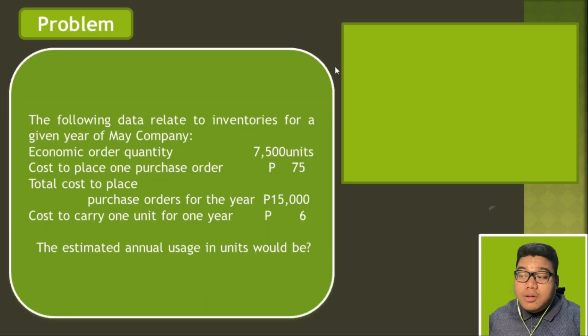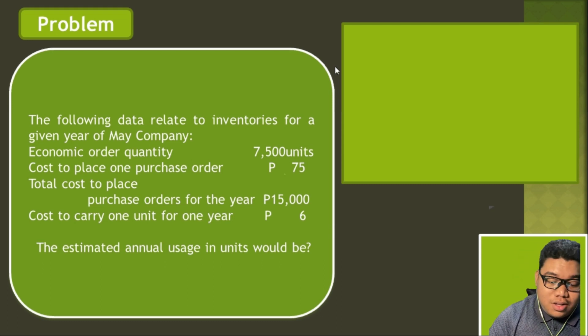The following data relate to inventories for a given year of May Company. The EOQ is 7,500 units. Cost to place one purchase order. Total cost to place purchase orders for the year. Cost to carry 1 unit for 1 year. What is the estimated annual usage in units?